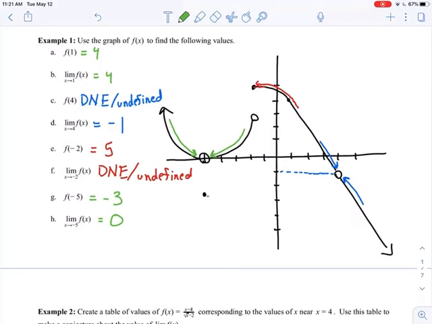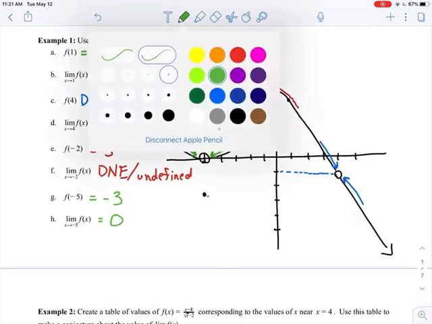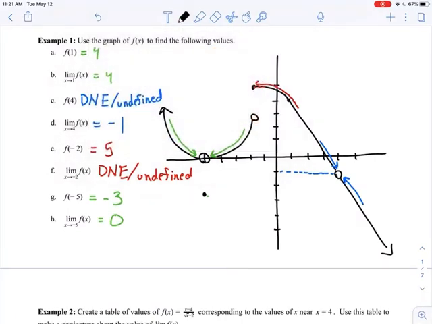So this is a really nice example to show all of the different cases. When I look at A and B, here we had the nicest case. The value of the function was equal to the limit. We like it when this happens, but that's not always the case. Here in parts C and D, the function did not exist, but the limit did.